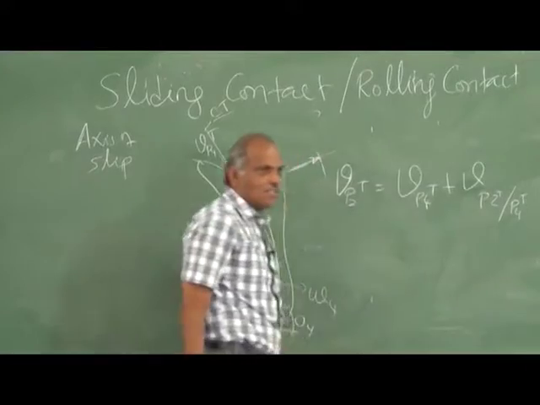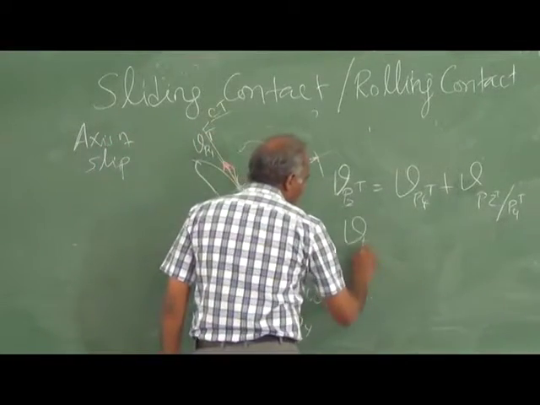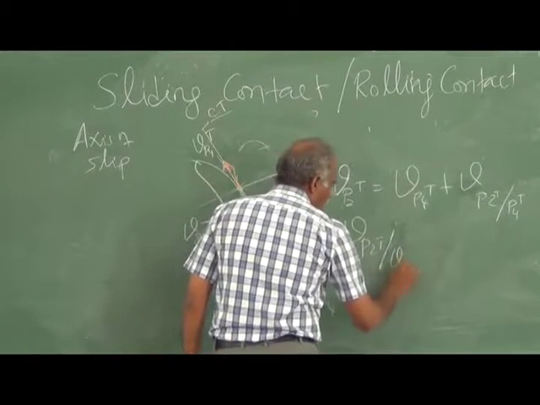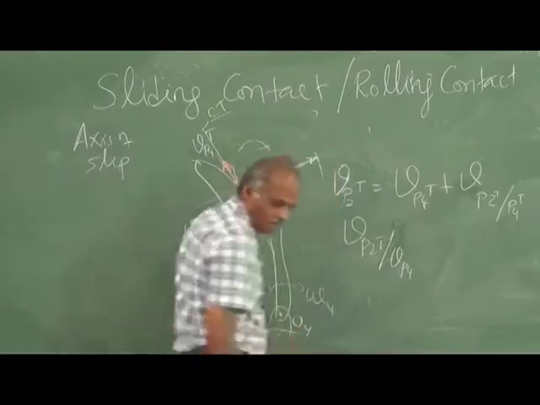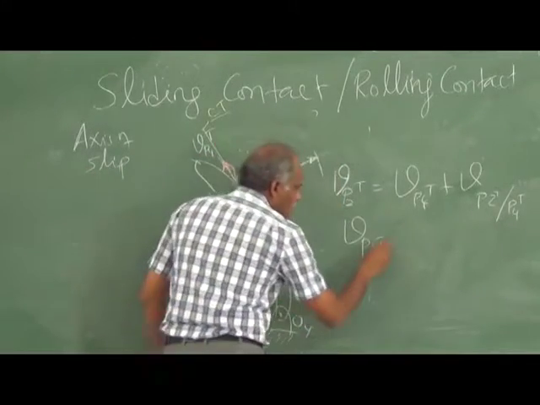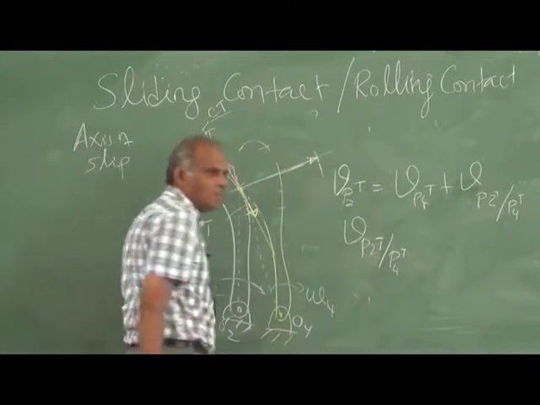What we are interested in is, what is the relative velocity between the two? That is the velocity of P2 tangential component with respect to P4 tangential component.